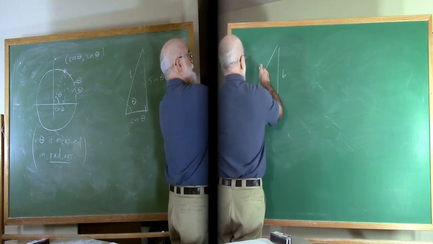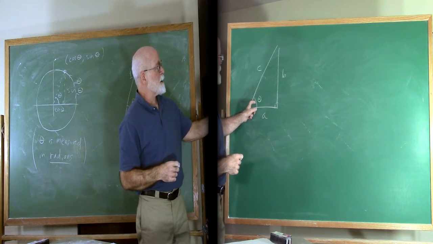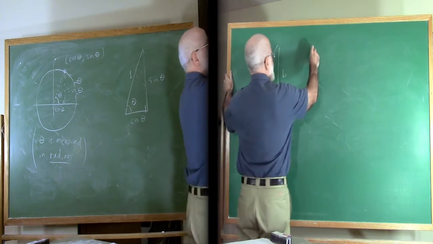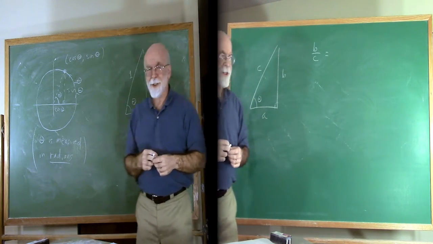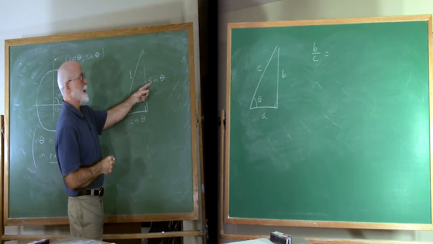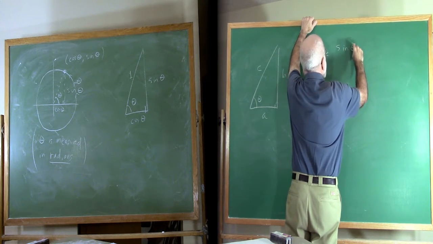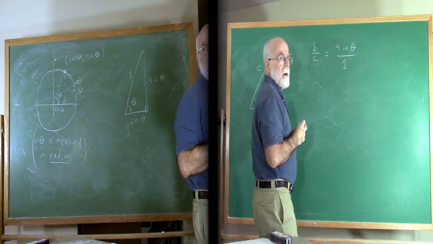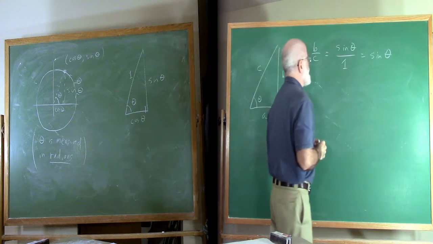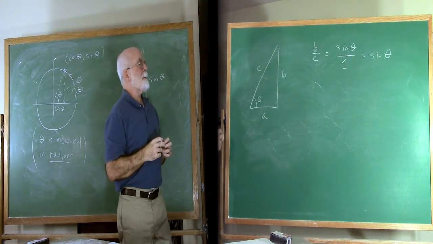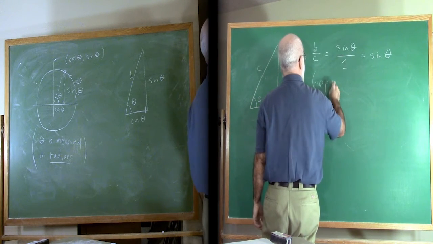Call these sides A, B, and C. If you look, for example, at B divided by C, that corresponds over here to sine theta divided by 1. Dividing by 1, we can do in our heads, does nothing. The popular way to describe that ratio is opposite over hypotenuse.